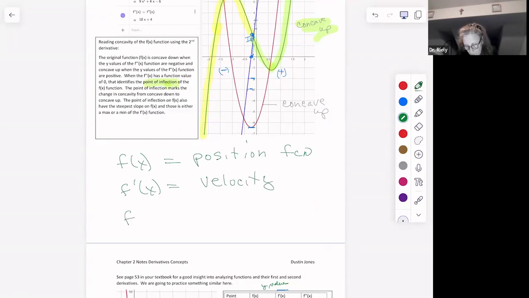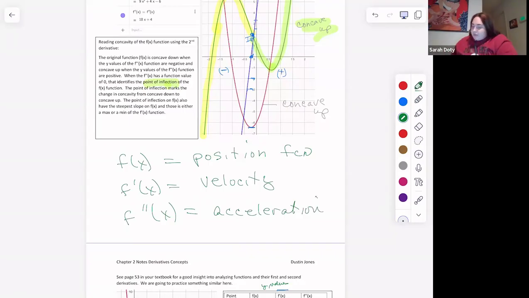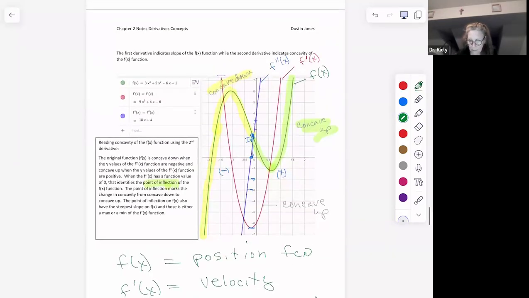And then your third function, your second derivative, would be acceleration. So given a function, you can use calculus to figure out an equation for your acceleration at different x's. So that's kind of cool. So that works out well.